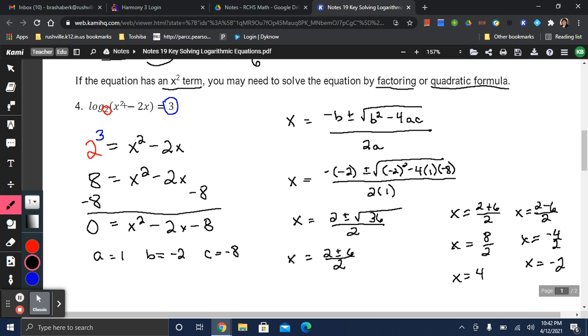It's fine to have a positive argument. And then right here I have 4 squared. That's 16 minus 8. That's also positive. So either answer is acceptable, but sometimes you do have to throw out the negative numbers. So this one would actually have 2 answers.